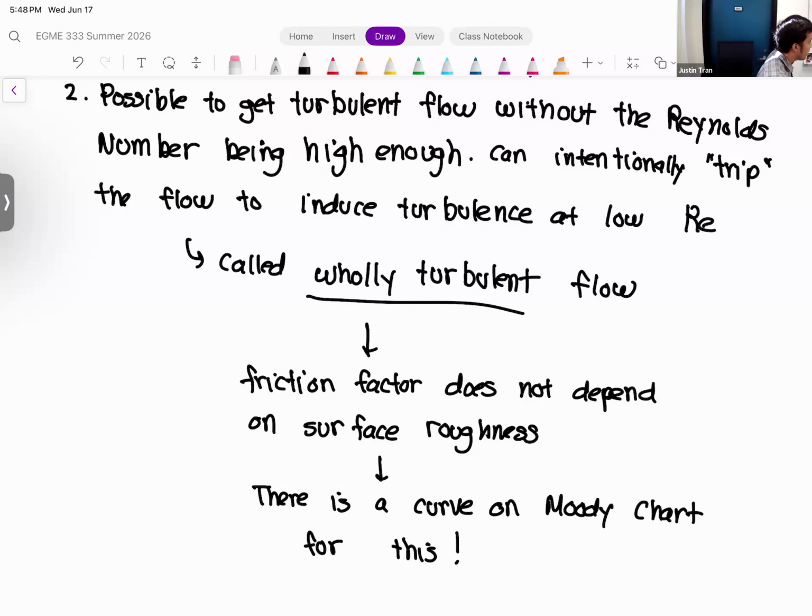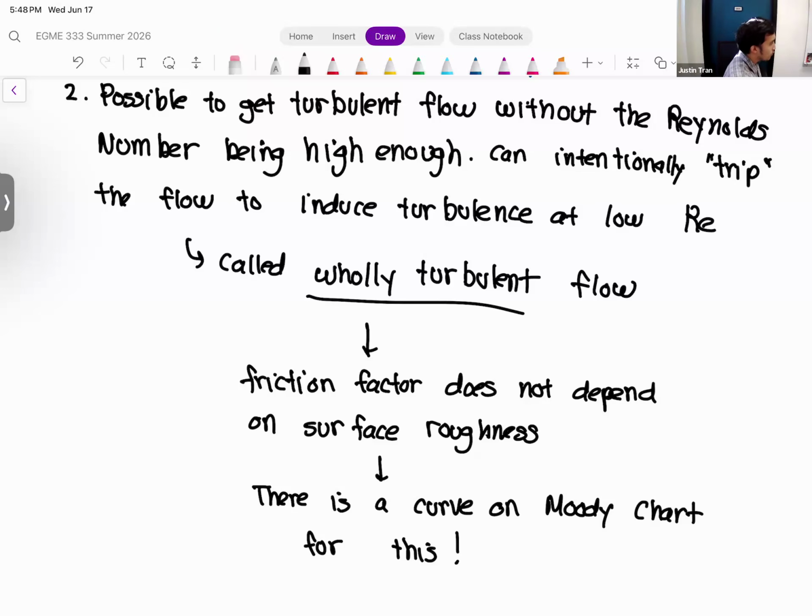Another interesting application: if you are designing a piping system meant to operate with very little maintenance over the years, what tends to happen in long-term piping systems is that rust, corrosion, and crud get caked on the inside of the pipes. So the surface roughness changes with time.